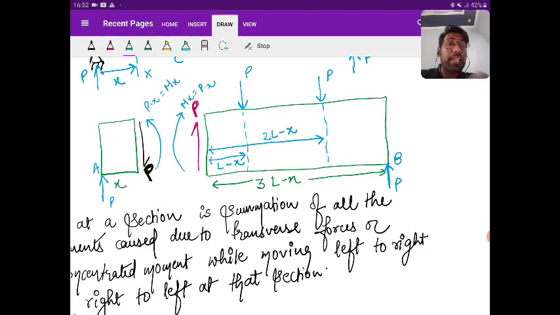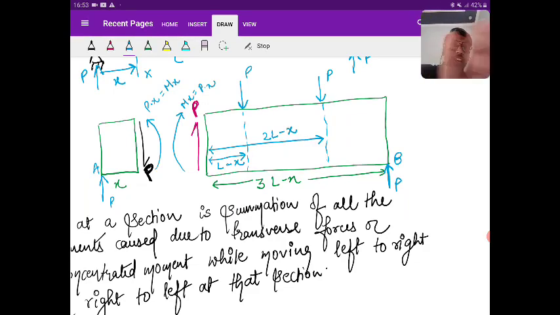Now at the section where you are seeing the equilibrium, whatever moment is acting in the anti-clockwise will be balanced in the clockwise. So in the right side, you can see a clockwise moment of P into H for balancing the section.